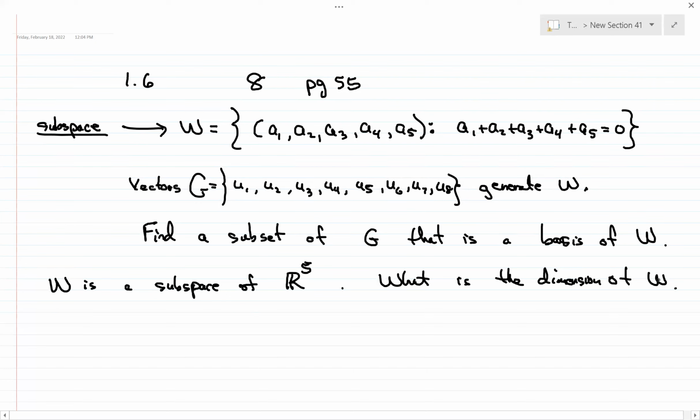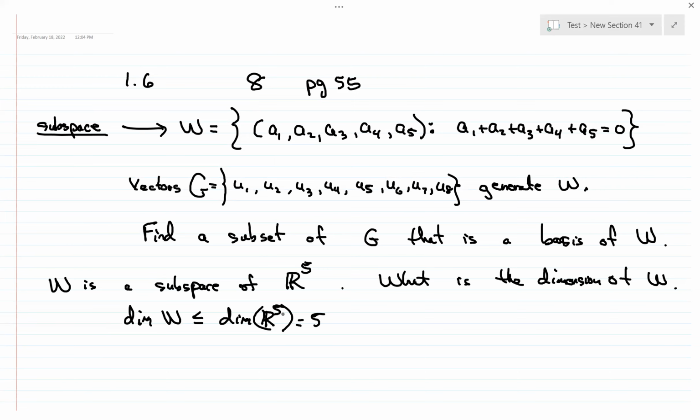Well, every subspace has dimension less than or equal to the dimension of the whole space you're in, which is 5. The dimension of R5 is 5. And you could even imagine the standard basis vectors there.